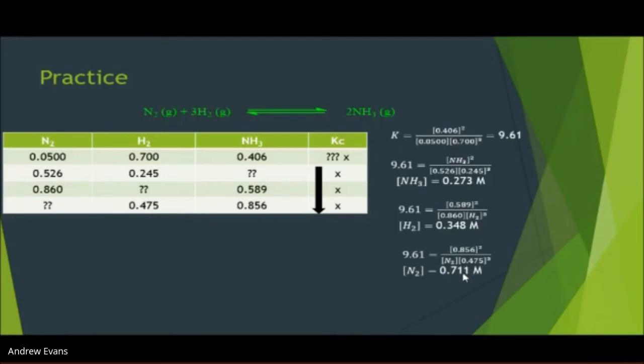This one, I got 7.11 for that value. That's also off by that same factor of 10. So dividing by 10 would change 7.11 to 0.711.